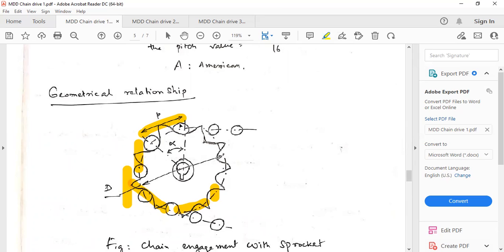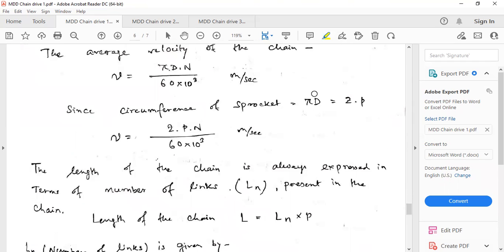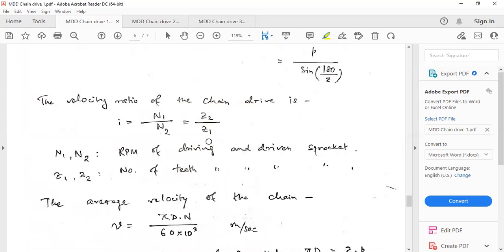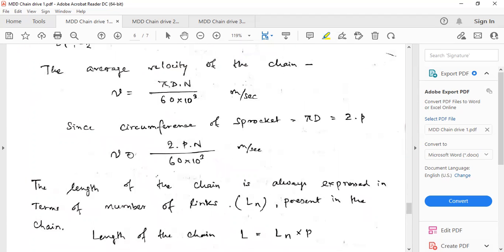Suppose the total number of teeth is z. The entire distance, which is the circumference, will be equal to z into p. Here the circumference is pi into d, the 2 pi r. So 2 pi r equals z into p for this sprocket. We can write zp in place of pi d. This relation is very important, and we can use it later. So v equals zp n by 60 into 10 to the 3.